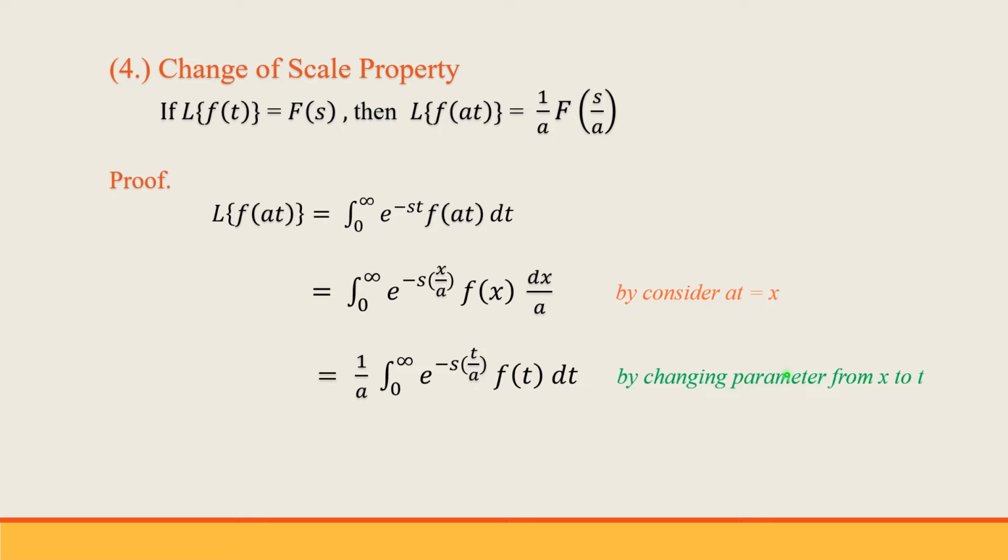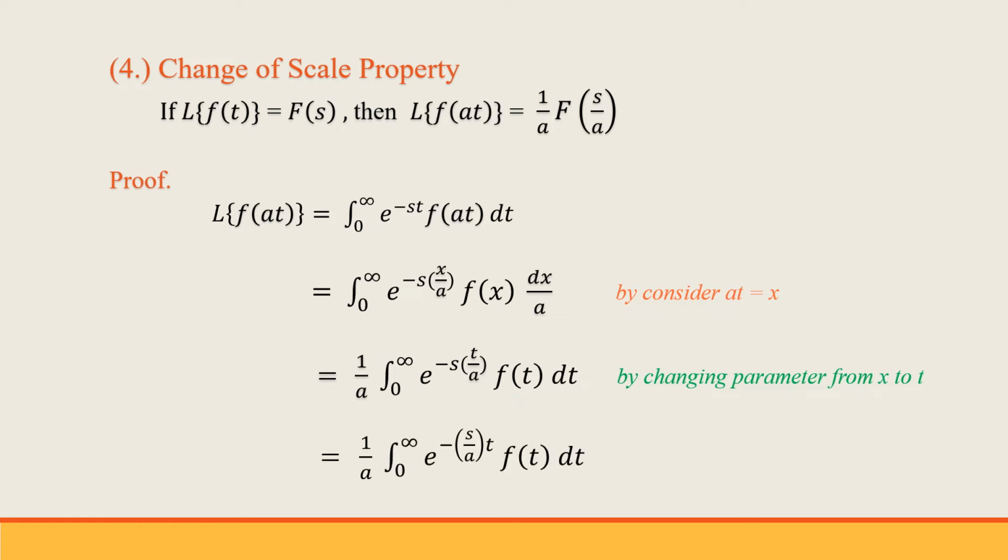Take out 1/a out of the integral as it is a constant, and by changing the parameter from x to t, we can write it as 1/a integral 0 to infinity e raised to the power minus s into t by a into f(t) dt.